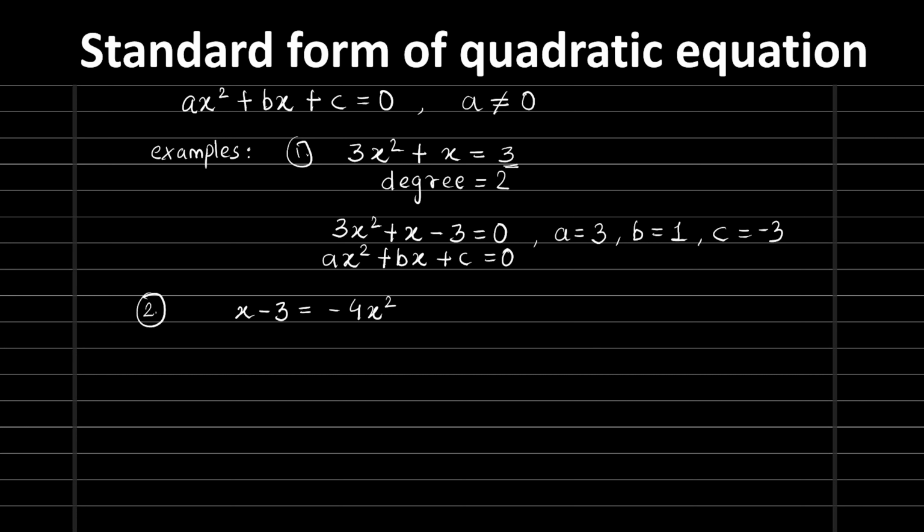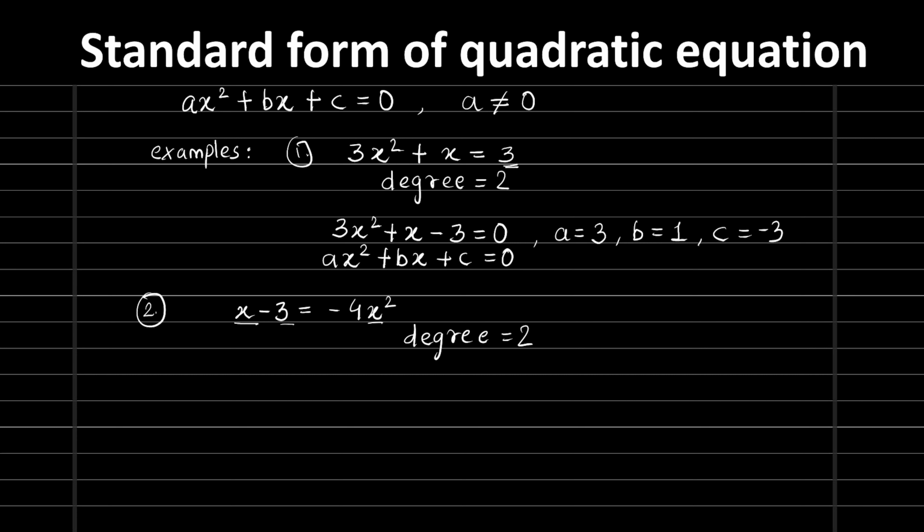If you look at the exponent of x, here it is 1. Here we do not have any x variable. Here, the exponent of x is 2. So, the highest exponent in this equation is 2. Hence, we can say degree is 2. So, definitely it is a quadratic equation.